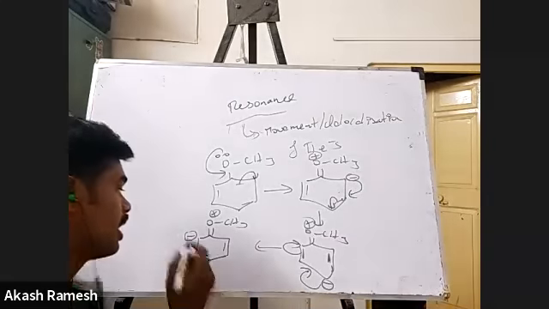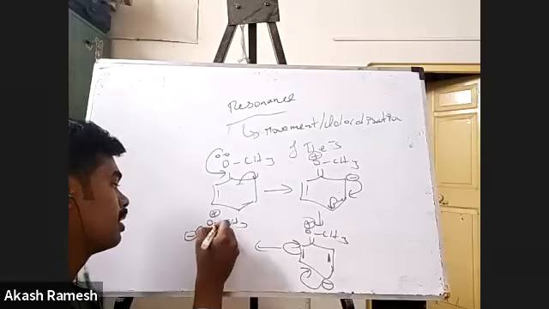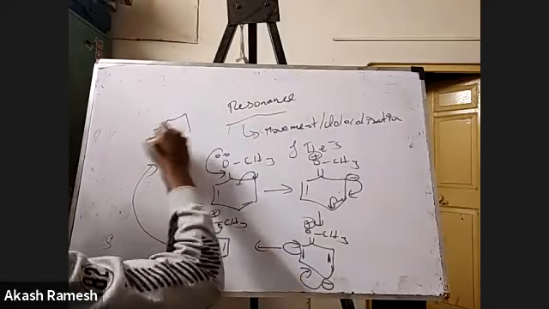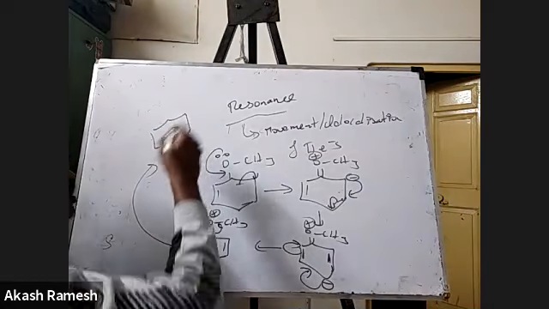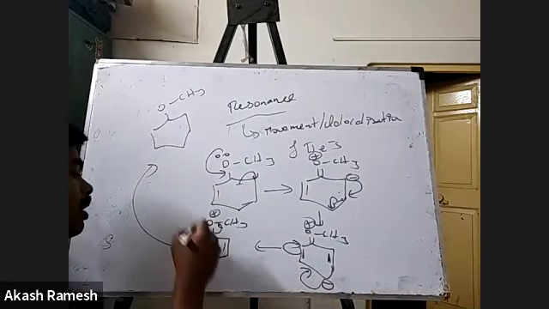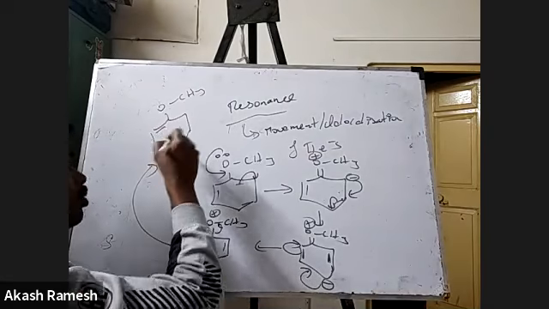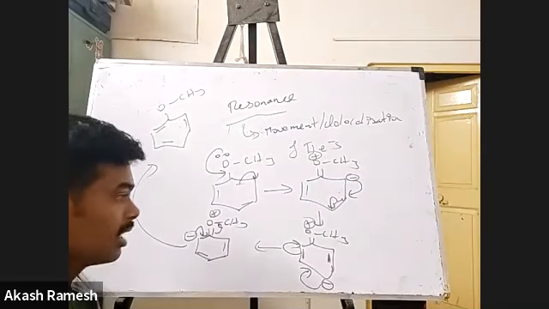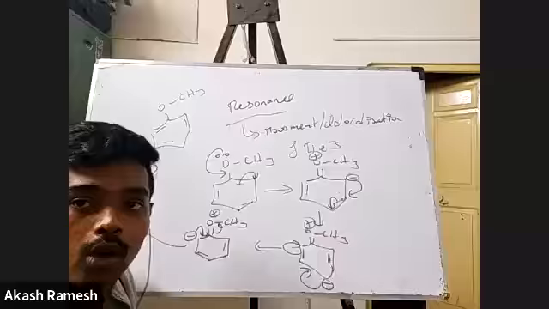And last, what will happen? This will come here, this will go back to oxygen. So the last structure is going to look like this: OCH3, the positive charge is gone because it has gone back. Now you have a bond here, a bond here, and a bond here. So this is how I write my resonance structure.